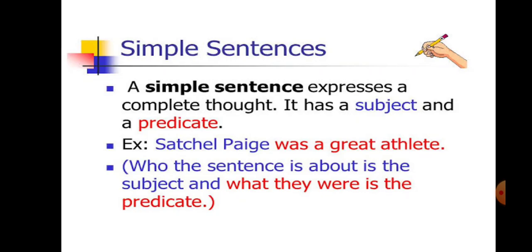So, Satchel Paige is the subject. And what are we saying about him? Was a great athlete. So, "was a great athlete" is the predicate. So, it is very clear a simple sentence has only one independent clause. It has a subject and a verb and also conveys complete sense.